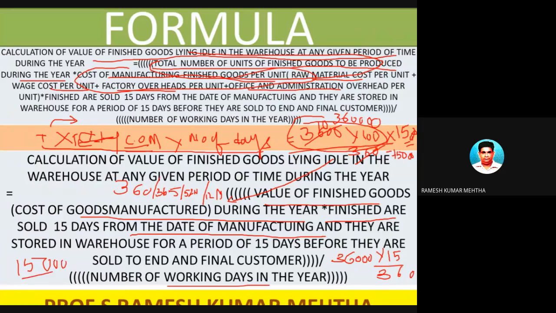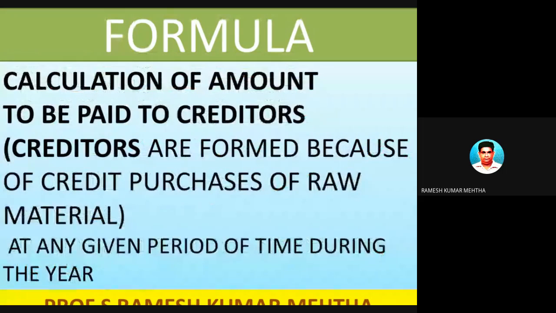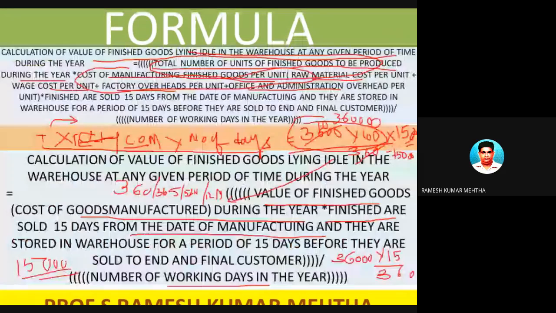That is the amount of finished goods lying idle in the warehouse before they are sold to the end customers. Hope you understood this problem. This is the way we can derive the formula for the value of finished goods lying idle in the stock room, warehouse or manufacturing plant at any given period of time.